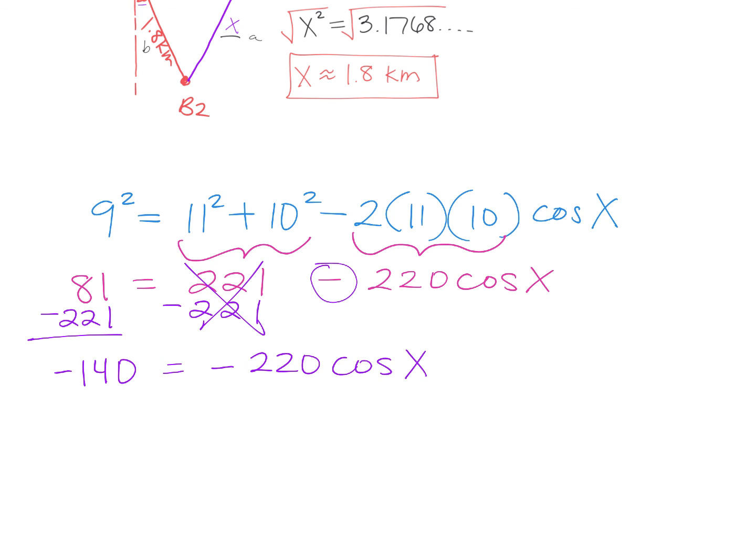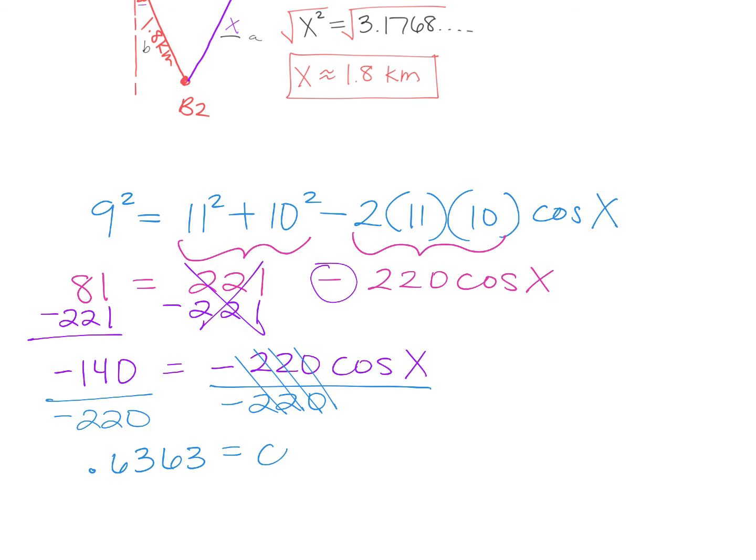What do you do next? Divide. You're going to divide by a negative 220. Divide by a negative 220. So this is gone. That's a 1. And you get 0.6363 equals the cosine of x. Then what?